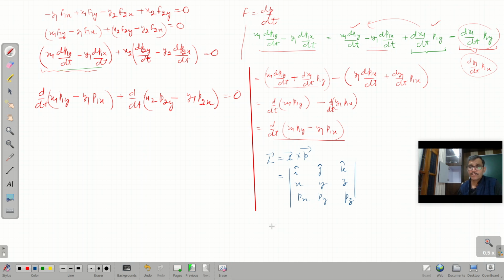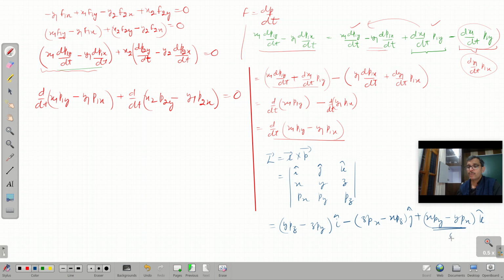If I solve this determinant, what does it give us? It's (y pz minus z py) i cap minus j cap, it is minus of this, for this it is (z px minus x pz) j cap, plus for the z component, it is (x py minus y px) k cap.